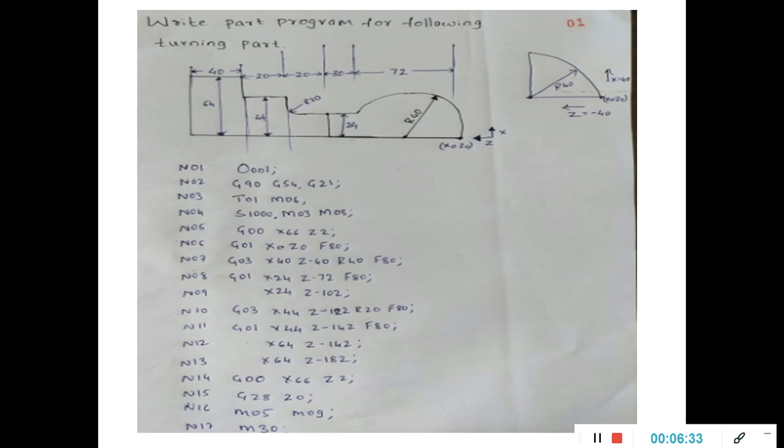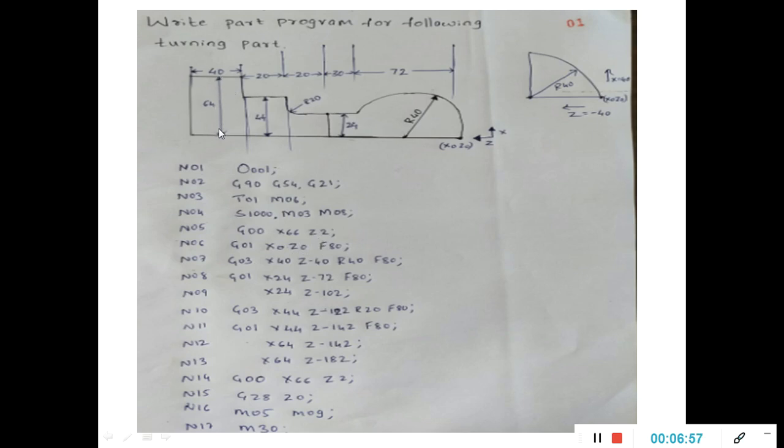Okay. Then the next block, G00 X66 Z2. So try to analyze here. G00 means rapid traverse. The tool is somewhere else with the work offset. Now your tool must move very fast to the specified coordinates X66 Z2. Let us see here.